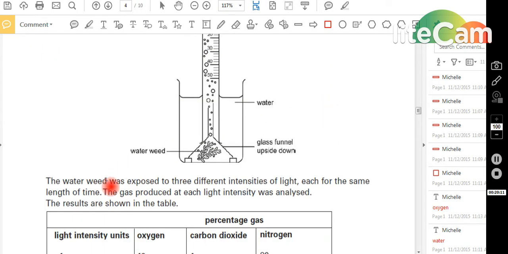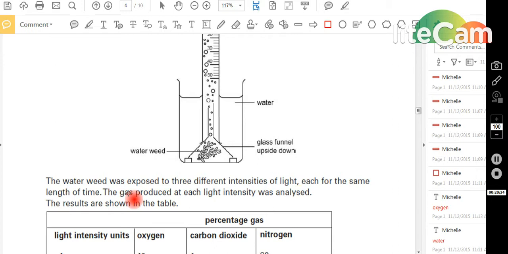Okay, now they tell us the water weed was exposed to 3 different intensities of light. Okay, so 3 different light intensities, each of the same length of time. So each of those light intensities, they were probably exposed to, let's say, for 10 minutes or for half an hour or for an hour.